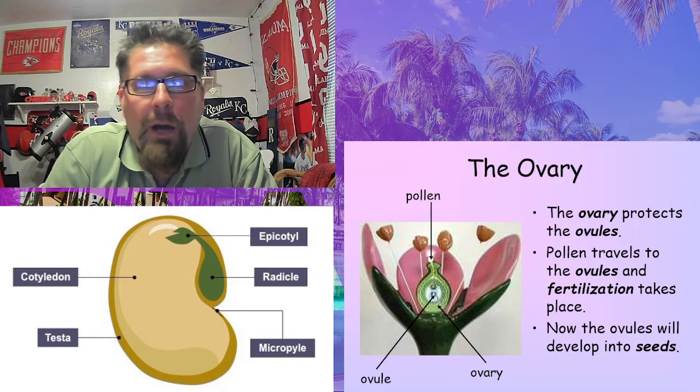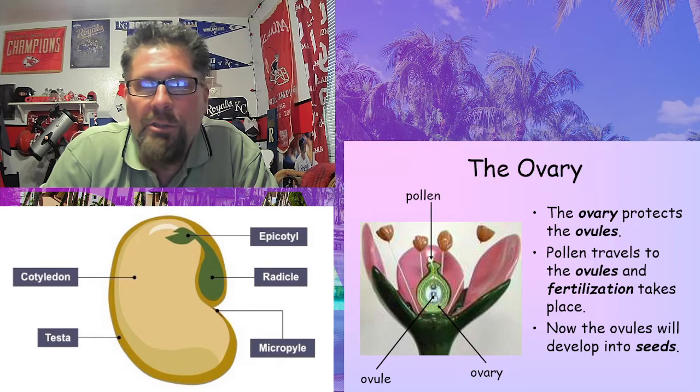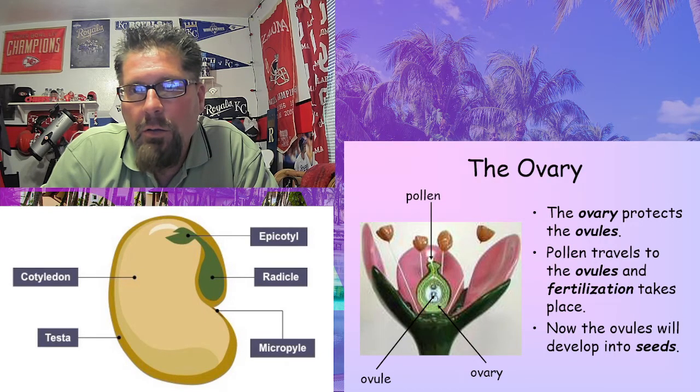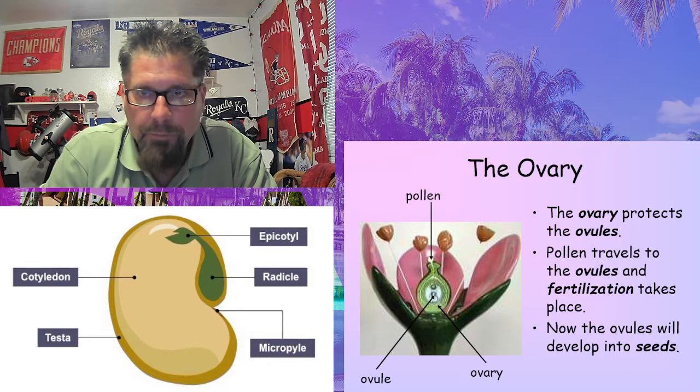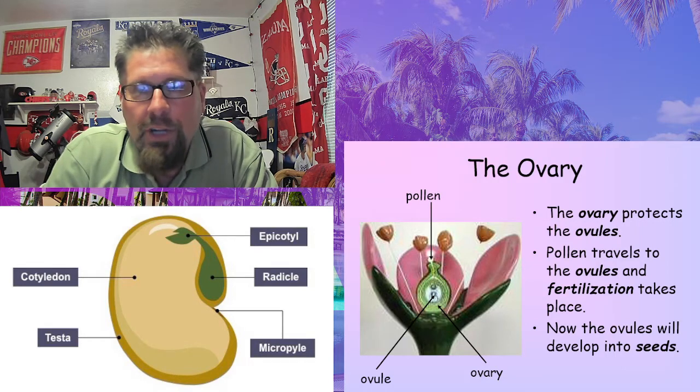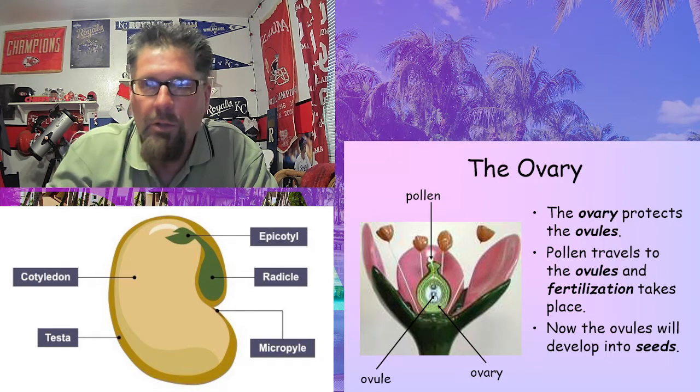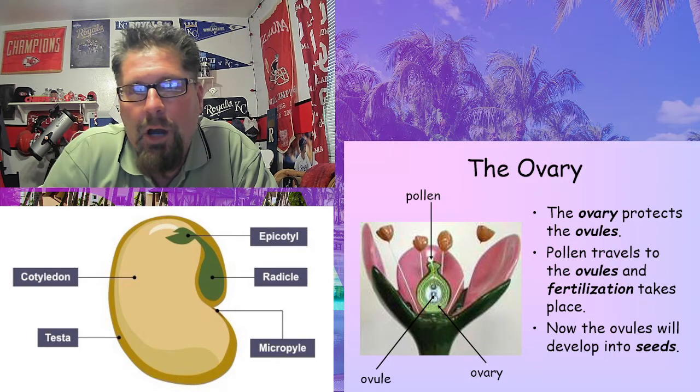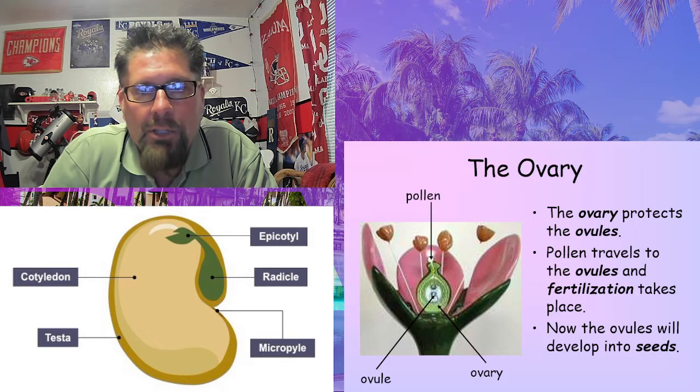You get your micropyle, which is the bottom right. That's where kind of the cell differentiation occurs. You've got your radicle, which is kind of the root stem portion of what's going to be the new plant. Your epicotyl, that's the leaf section.